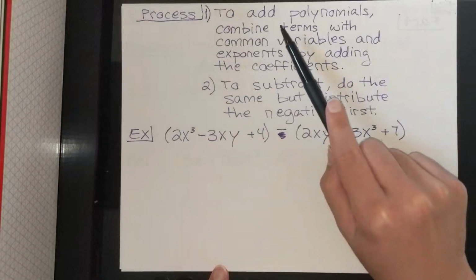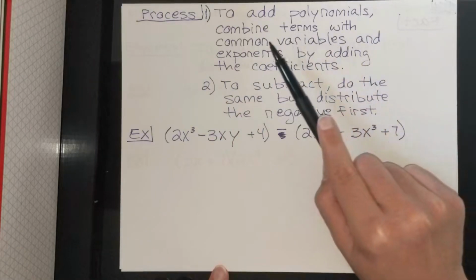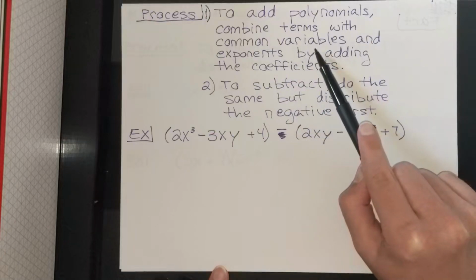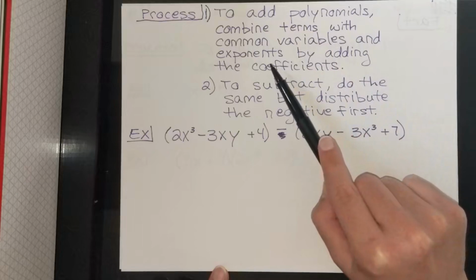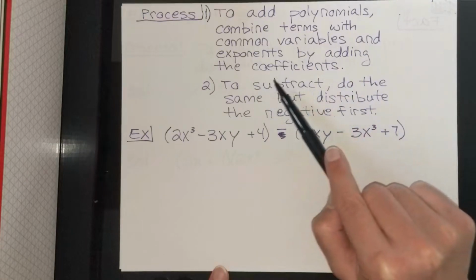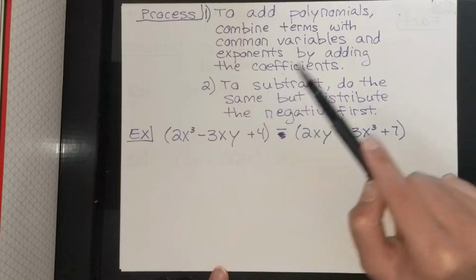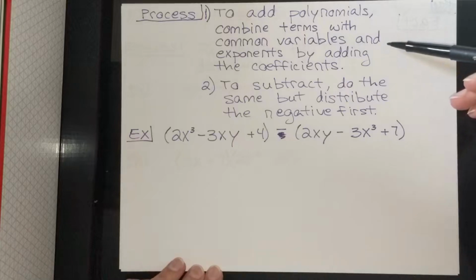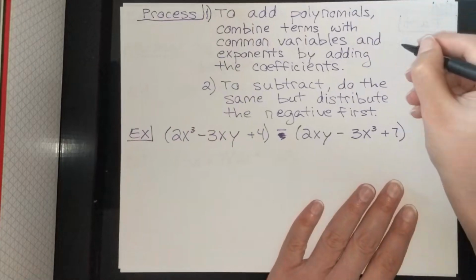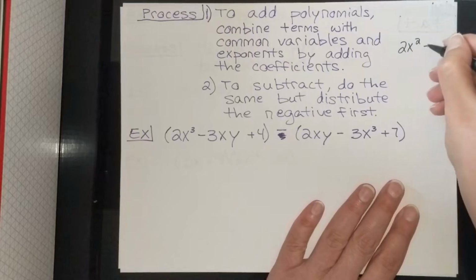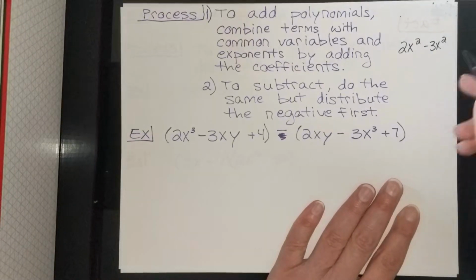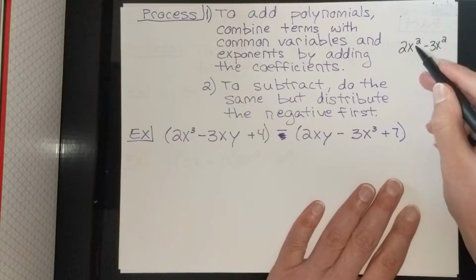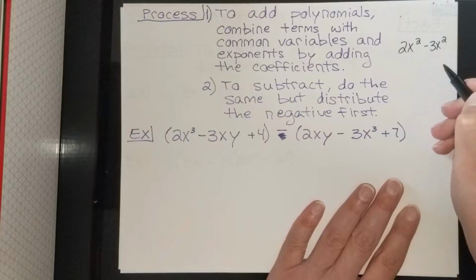So we're going to introduce a process that says to add polynomials, we need to combine terms with common variables and exponents by adding the coefficients in front. So what that means is if a term has an x squared, if there's something like a 2x squared minus 3x squared, we can combine these because they both have an x and both of the x's are being raised to the same exponent of 2.